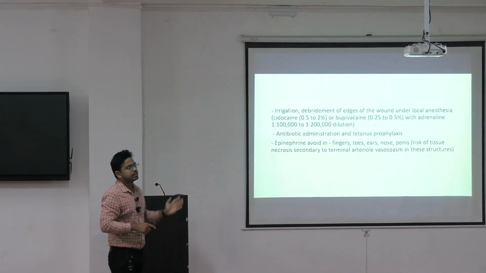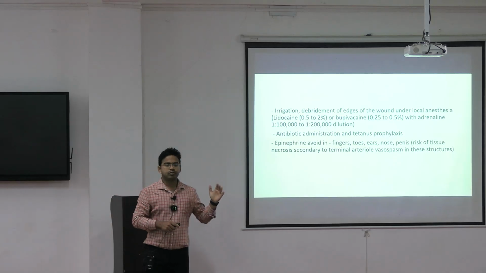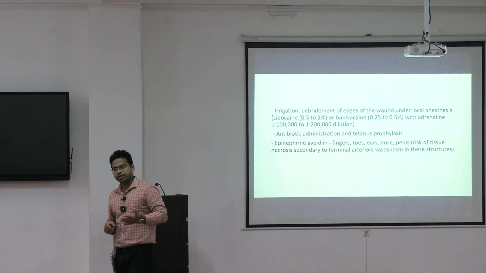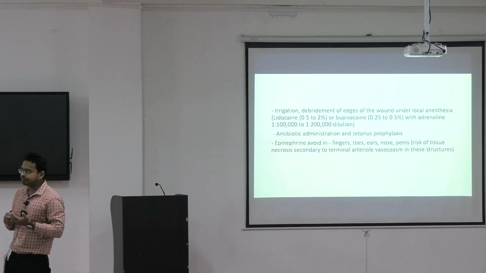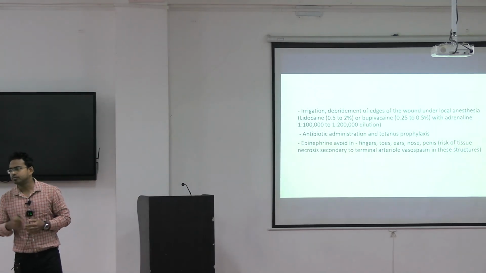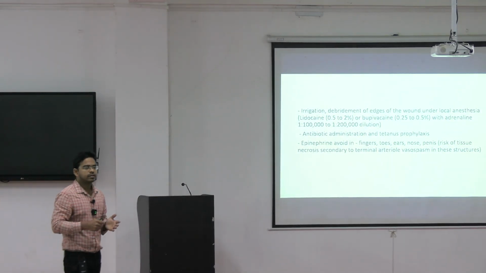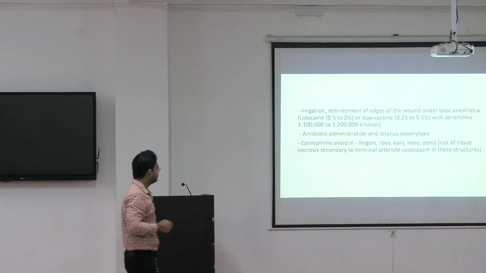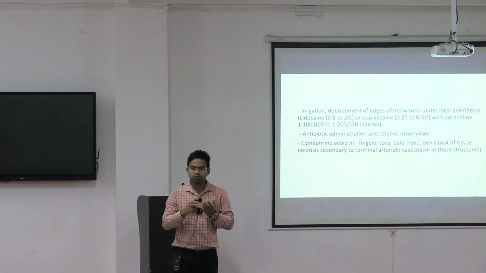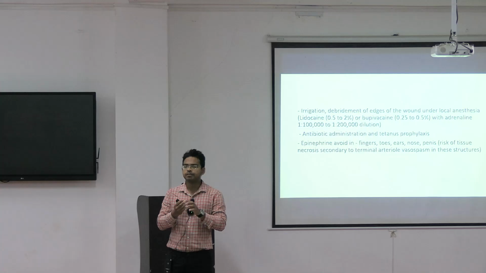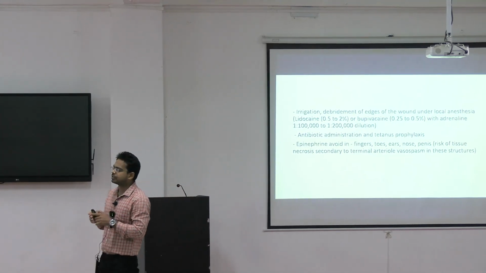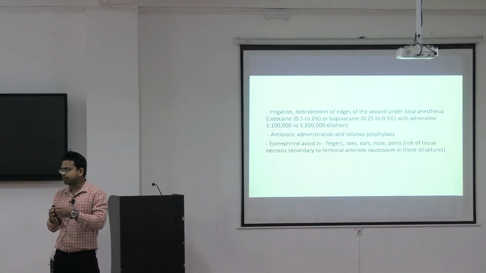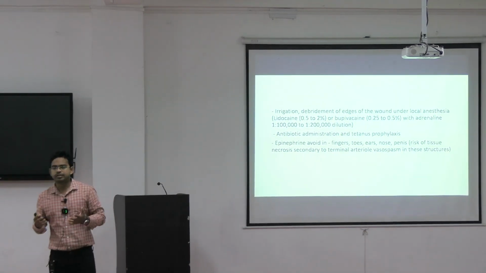Now, an important thing is that adrenaline, which is also known as epinephrine, we avoid in wounds of the fingertips, the earlobes, the penis, all those areas. Because in those areas you have end arteries. That means there is no anastomosis of the arteries with the surrounding, there is no collateral supply.